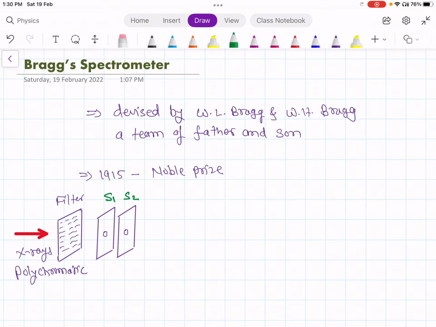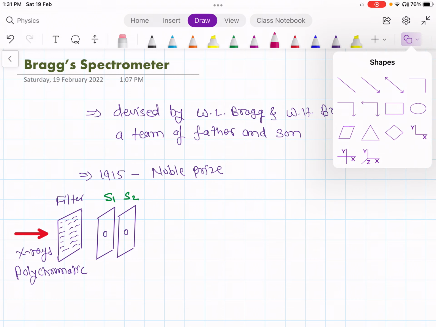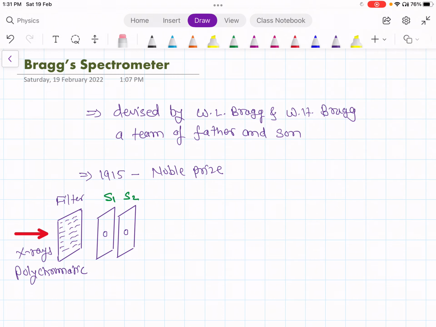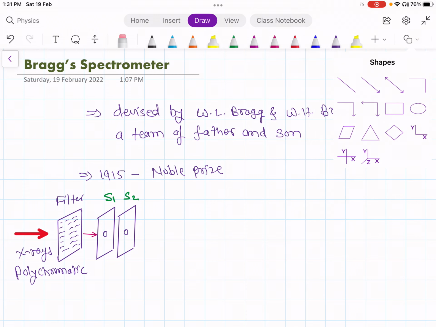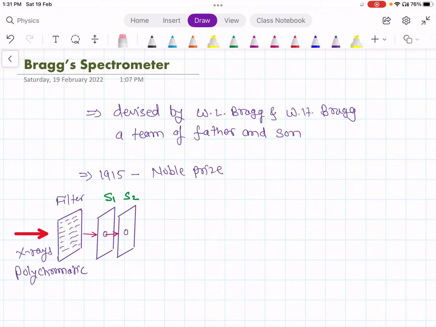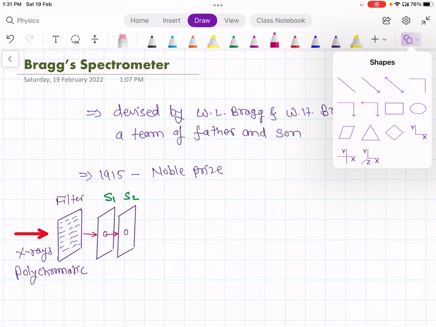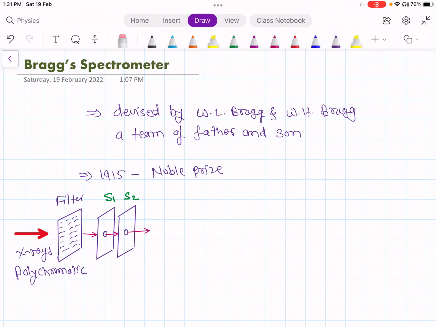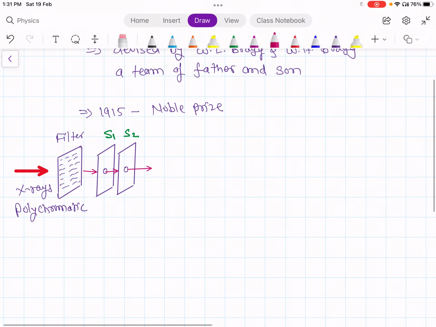As I said, S1 and S2 are lead screens consisting of a pinhole at the center. So this monochromatic X-ray is passed through these two pinholes, and here what we get is a focused X-ray beam, a fine pencil-like beam of monochromatic X-rays. So this is one part.